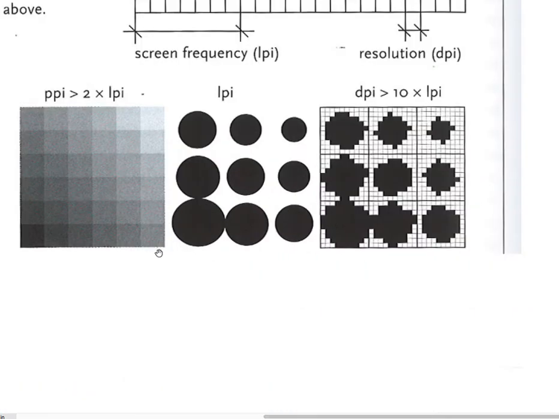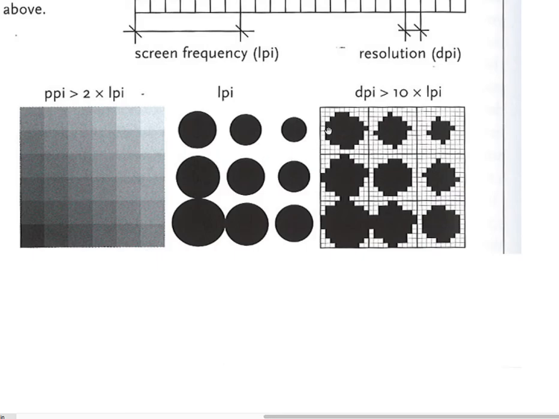So if you think of pixels per inch on your computer screen are squares, and they're all connected beautifully like that in a grid. And if you convert that to the lines per inch, this is your line screen for your halftone dots. So here we have, like, say 3 LPI, if that was an inch wide.